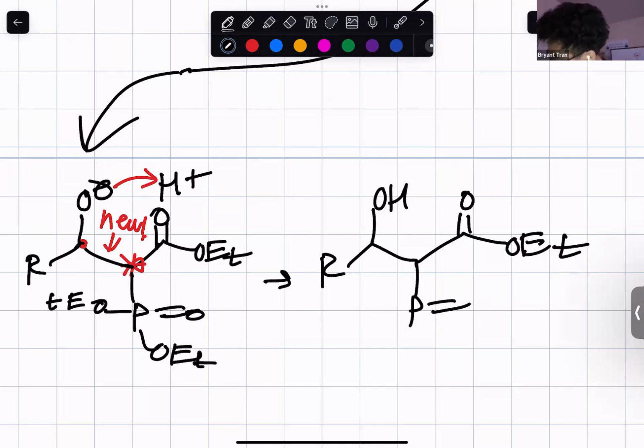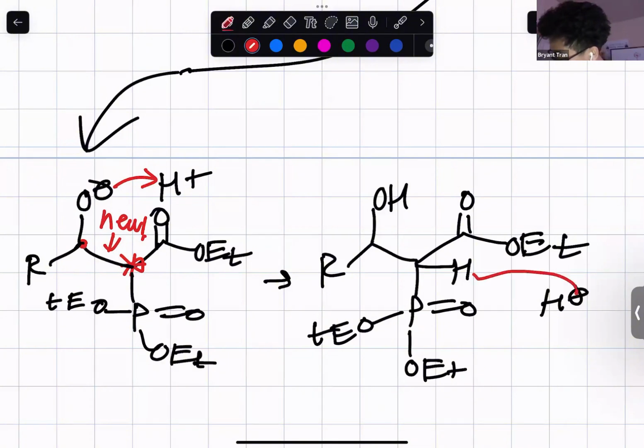The next step would be to deprotonate the alpha carbon between the carbonyl and alcohol with another base, H minus, to make the enolate ion.